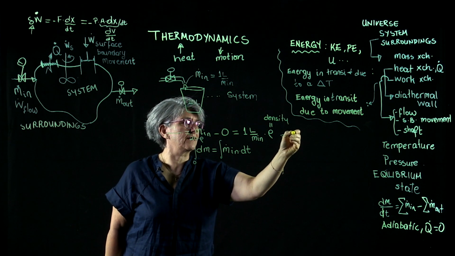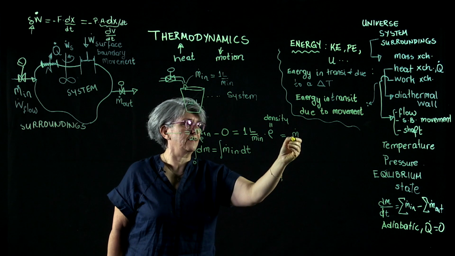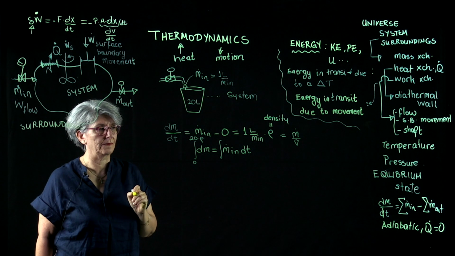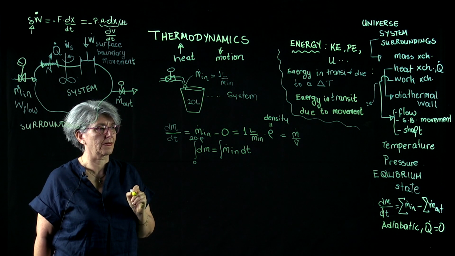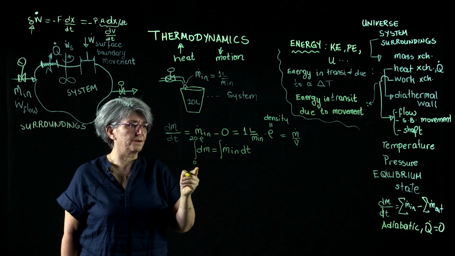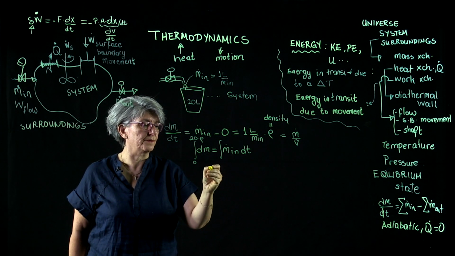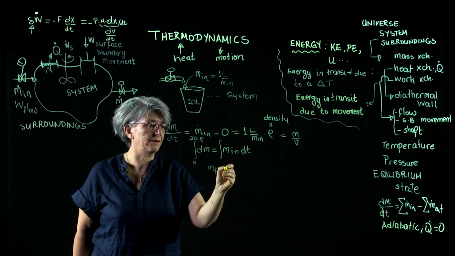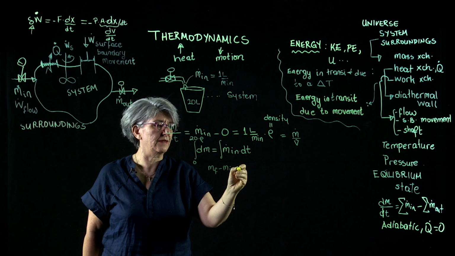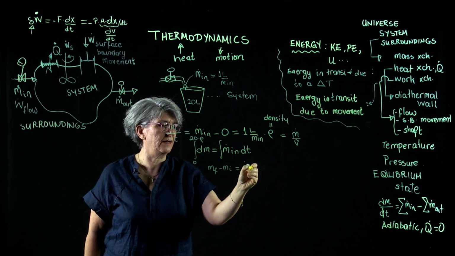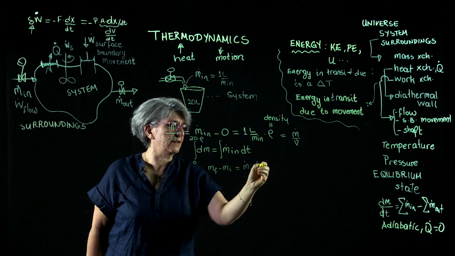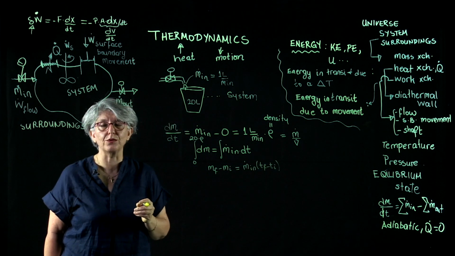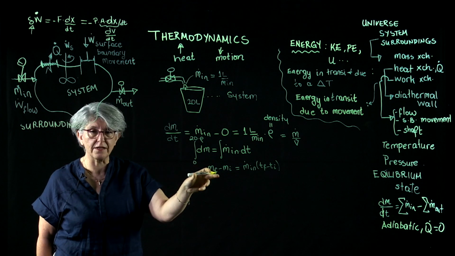Or it is m dot divided by the specific volume. So the equation m final minus m initial is equal to m dot in times t final minus t initial is going to be a specific solution.